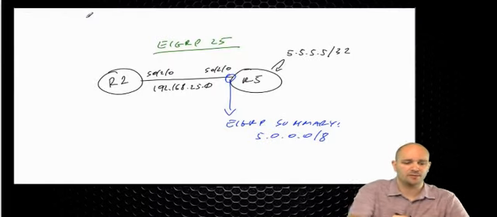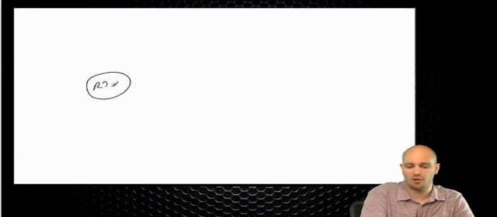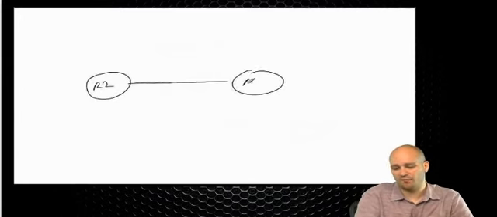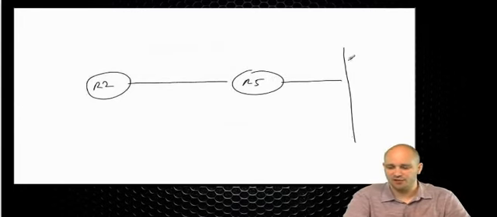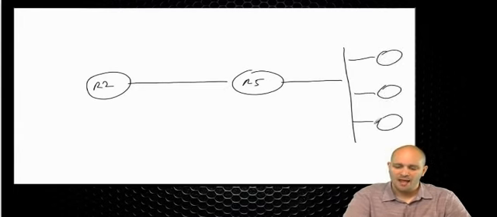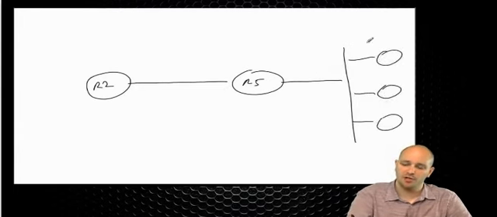Let me briefly try to explain. Now, when we create a summary address, let's expand our example. Let's say that I have R2 here, and let's say that I have R5, and instead of having a loopback interface, I may have some interface here that has multiple routers, multiple devices. And let's say that this router here was advertising 5.5.0.0/24.